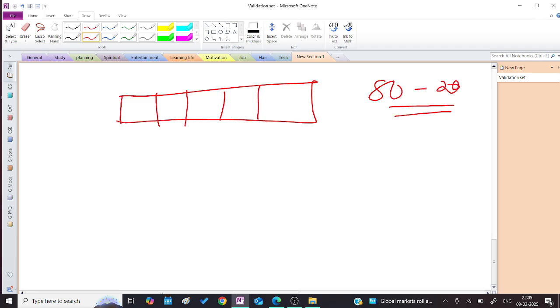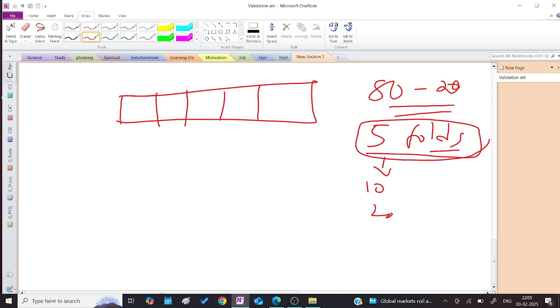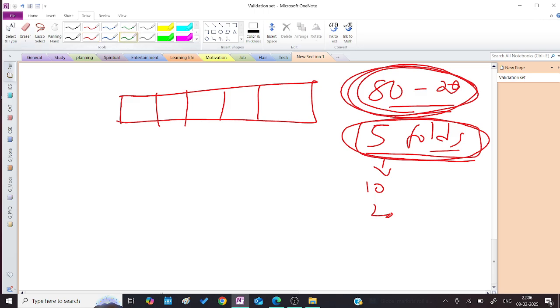The entire data set is divided into five parts, or five folds. It may be divided into other folds also, like 10 fold, 20 fold, but in this example we are assuming 5 fold, and this 80 to 20% ratio is also not fixed. It can vary depending upon the demand.